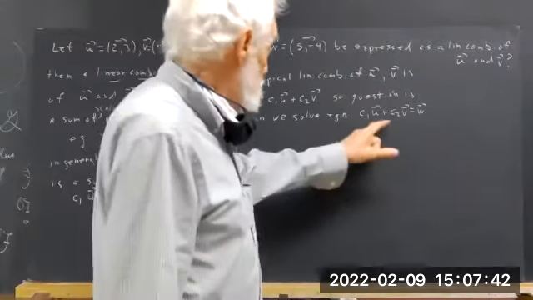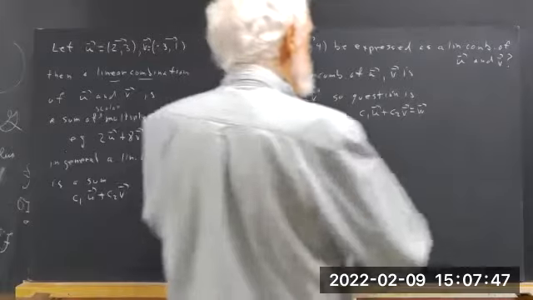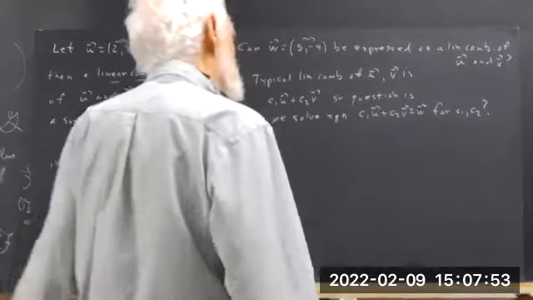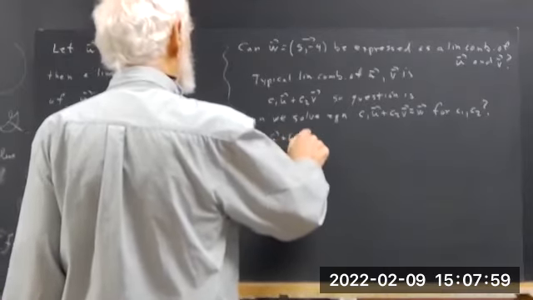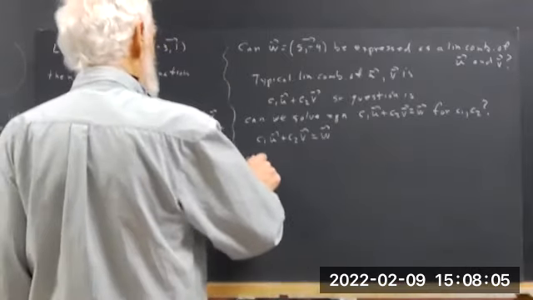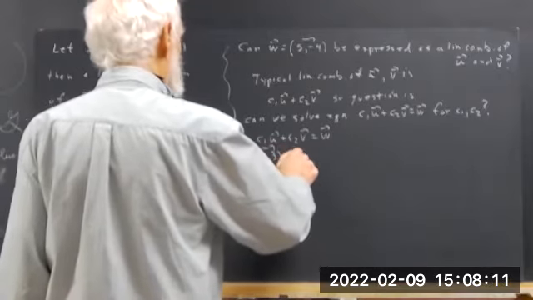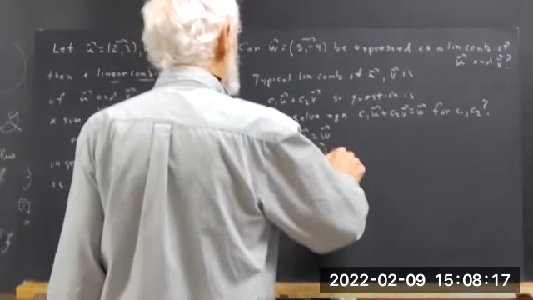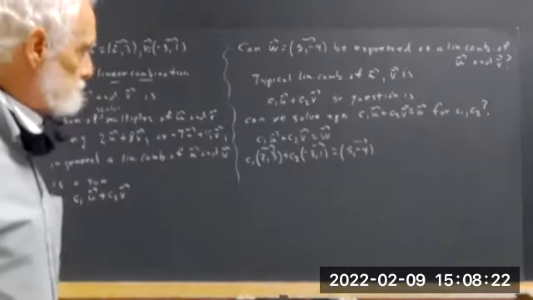If we can solve it for C1 and C2, then we will have our linear combination. Well, we write out this equation. That gives us C1 times the vector (2, 3) plus C2 times the vector (-3, 1) equals w, which is (5, -4). That's our equation.